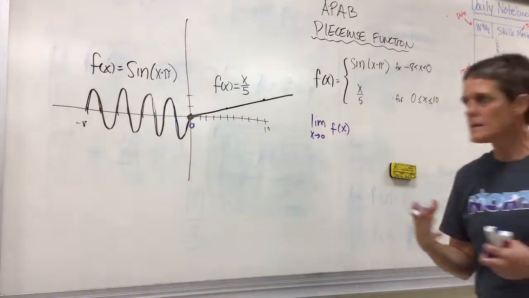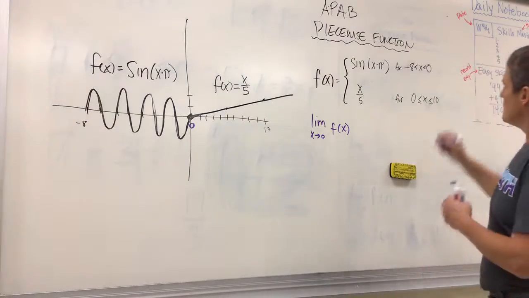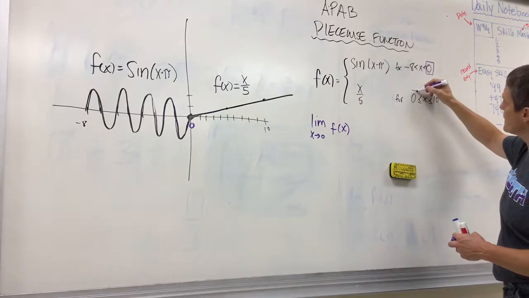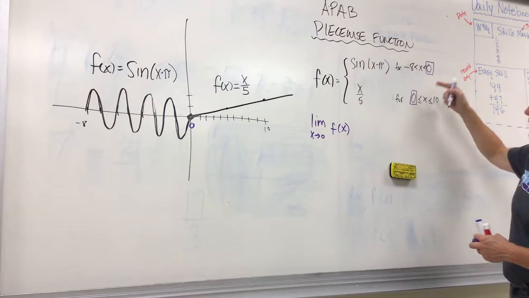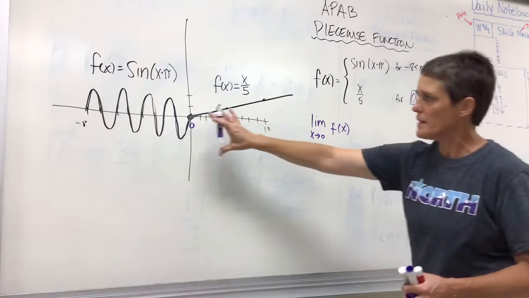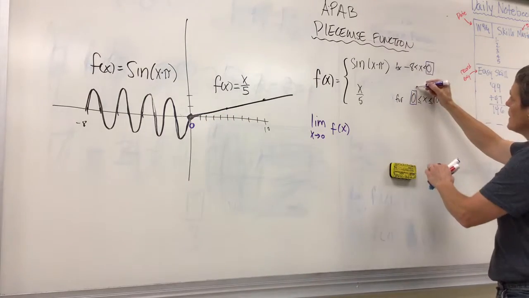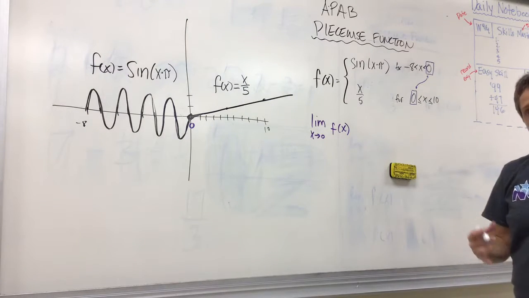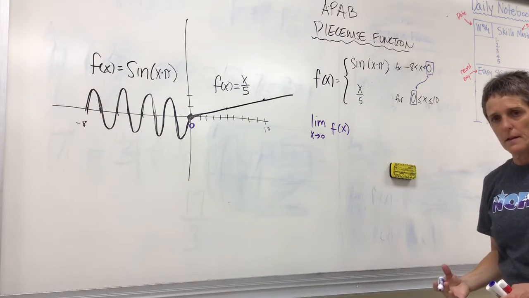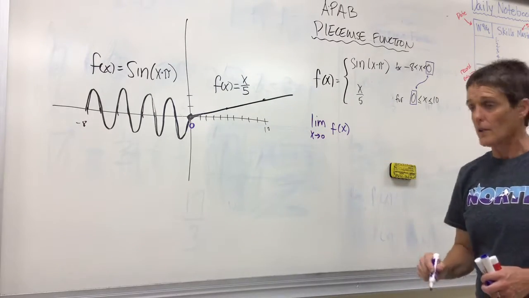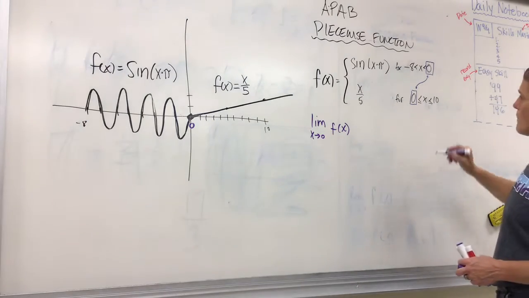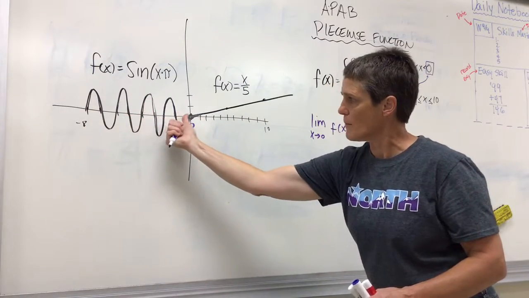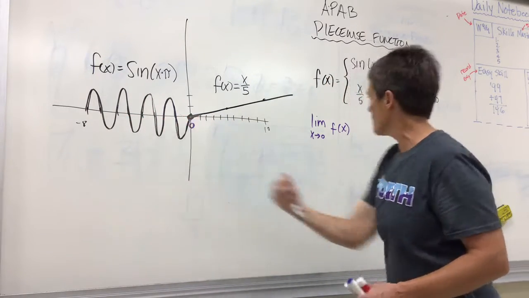Because that's the transition point in our piecewise function, graphically it looks like this, but algebraically it would look like this. That means we need to do a left hand and a right hand limit to find those algebraic y values.